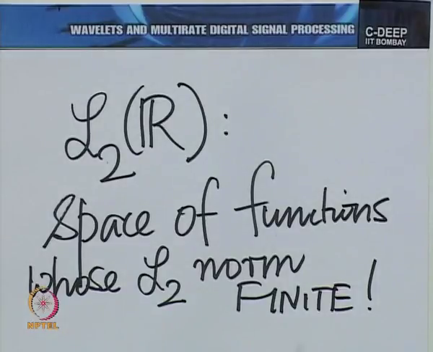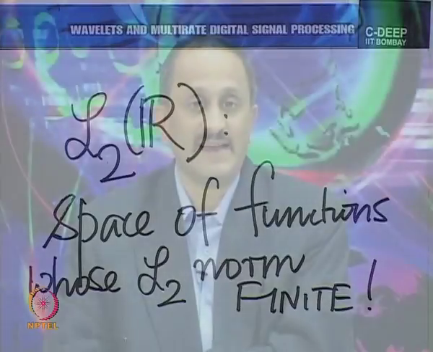Similarly, you could have the space Lp. The space Lp is the set of all functions whose Lp norm is finite. Now, the word space is used with an intent. You see, space really means that if I take a linear combination of functions in that set, it gets back to a function in that set.